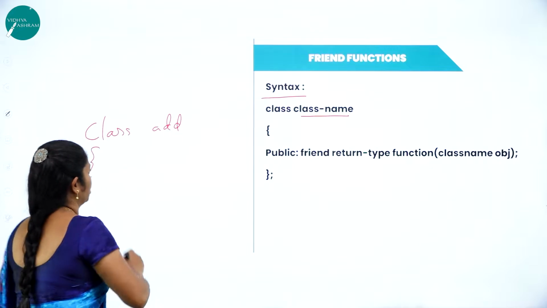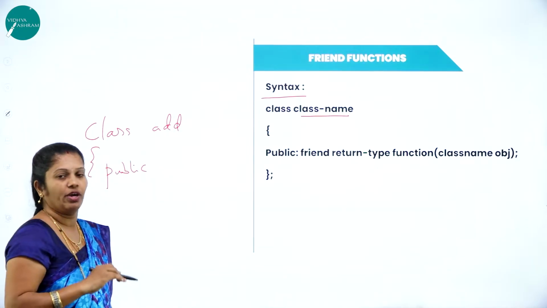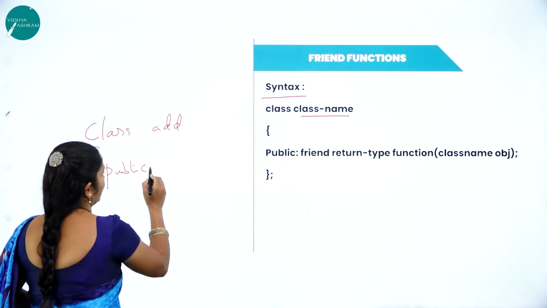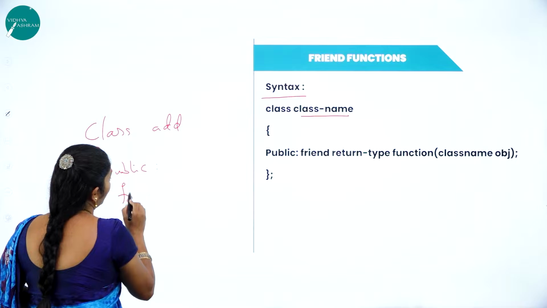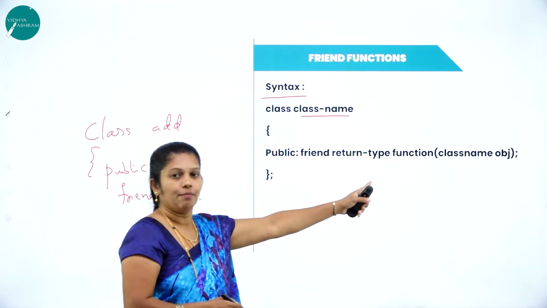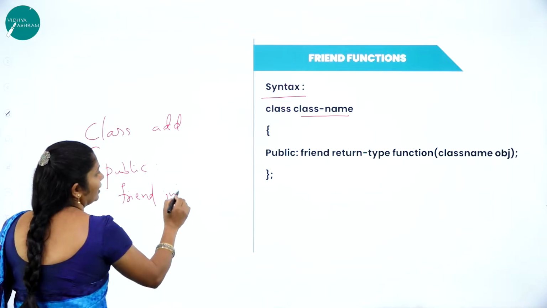Then, in the public section, it is not affected by whichever access specifier it may be, whether private, public, protected, anything. There we compulsorily have to use the keyword friend. Then you have to mention the return type, which type of value you want to generate, for example int.